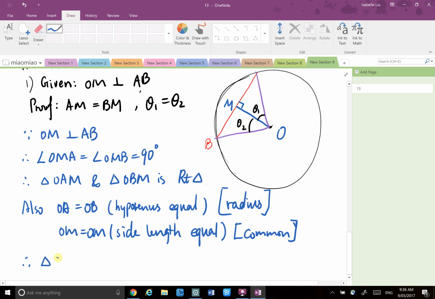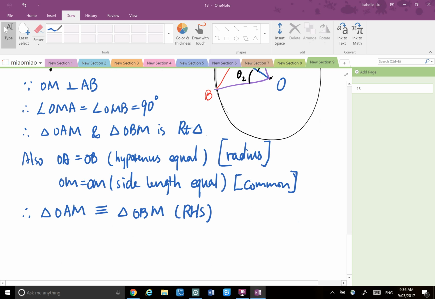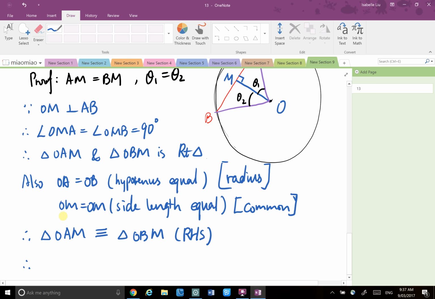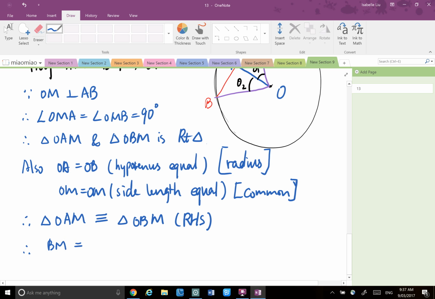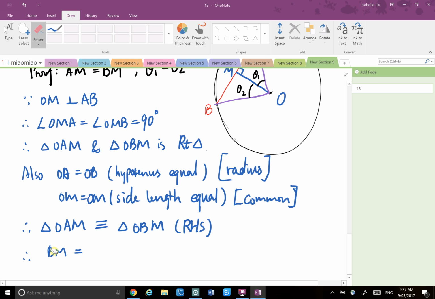So you will see triangle OAM is congruent to triangle OBM by RHS. Because of RHS, they are congruent. So what you have is AM equals BM.